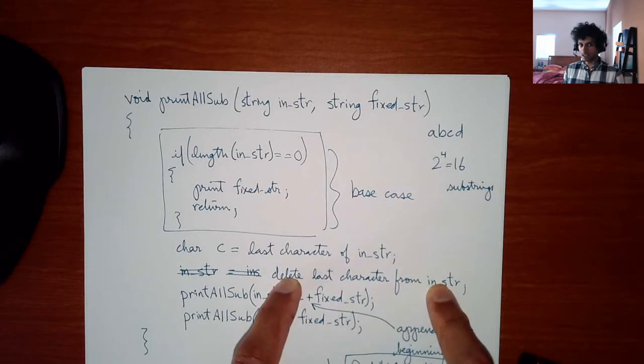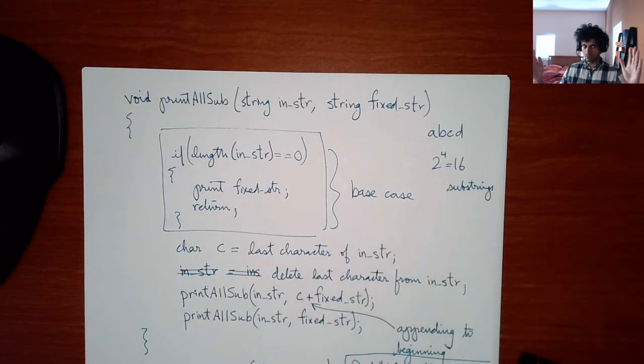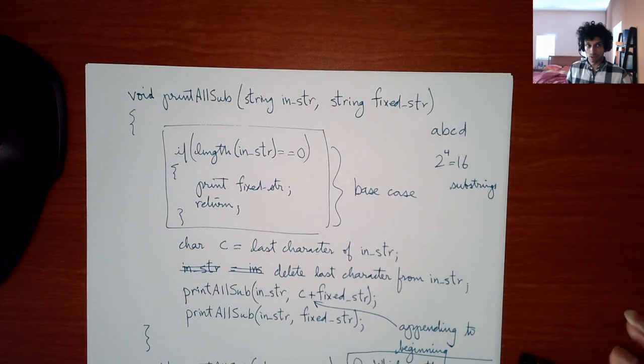You delete the last character from the input string. So in these two calls, the string is shorter. And every time you go, it becomes shorter and shorter. So there are going to be at most n nested calls. The total number of calls is 2 to the n, but there are only n nested calls. Okay, I got it now. Thank you.